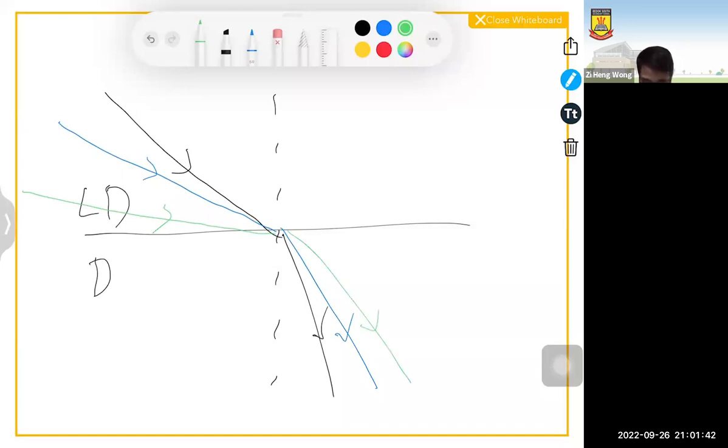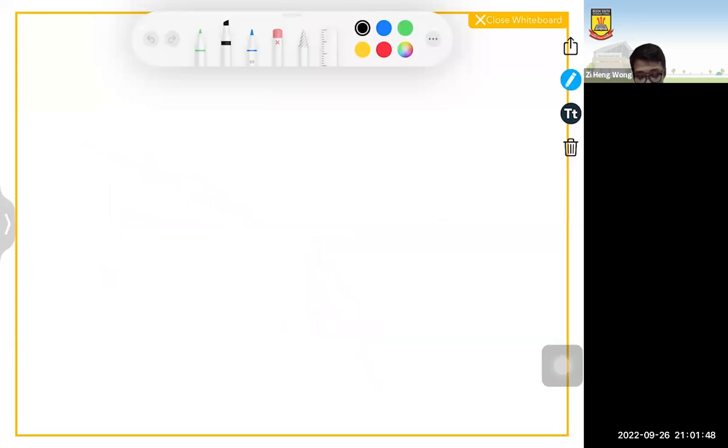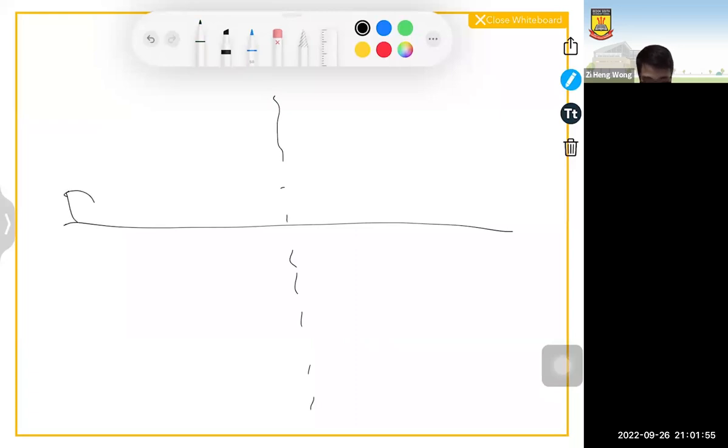But the issue comes for the bending away one. What do I mean? Now it's denser to less dense, I bend away.